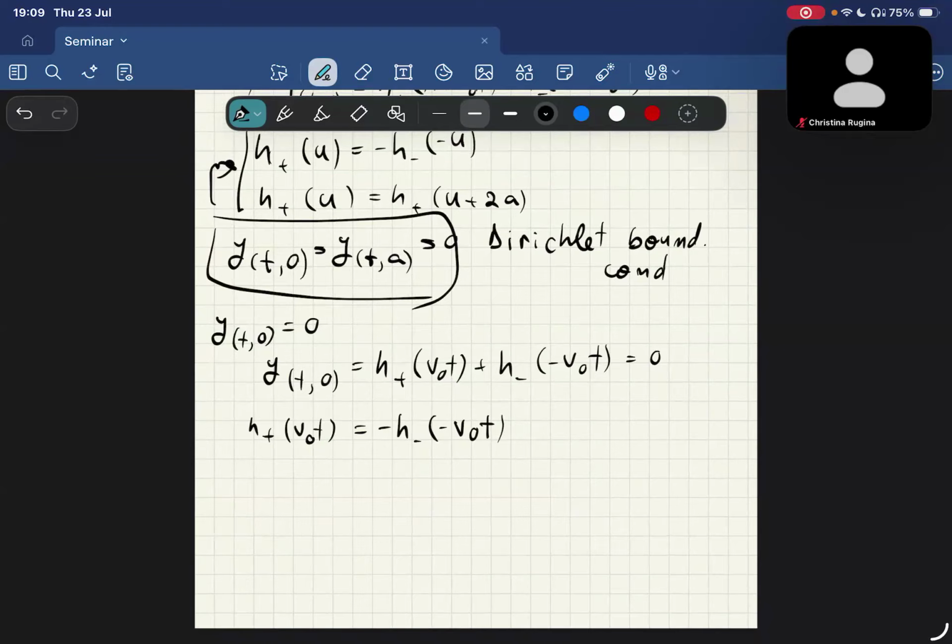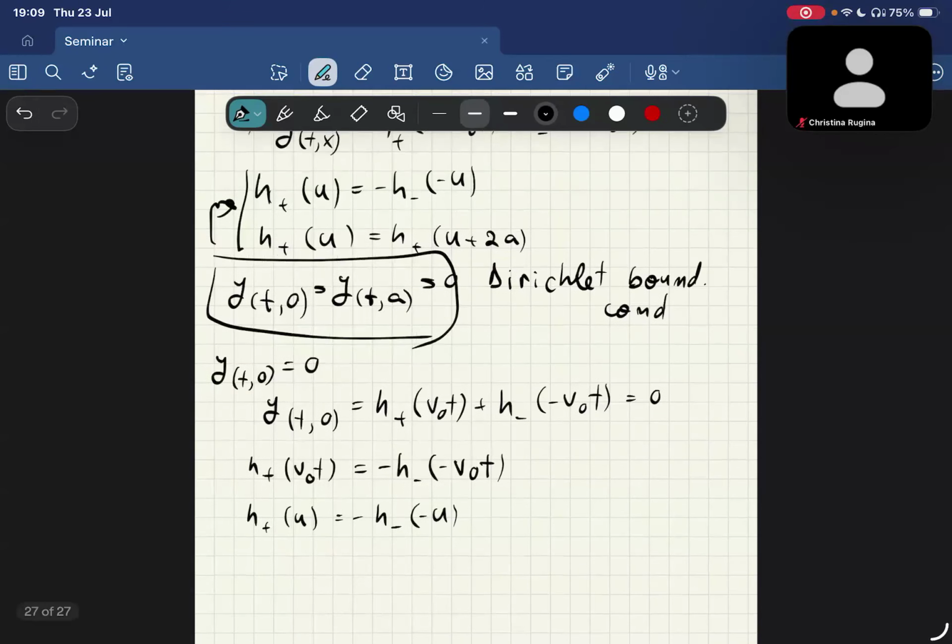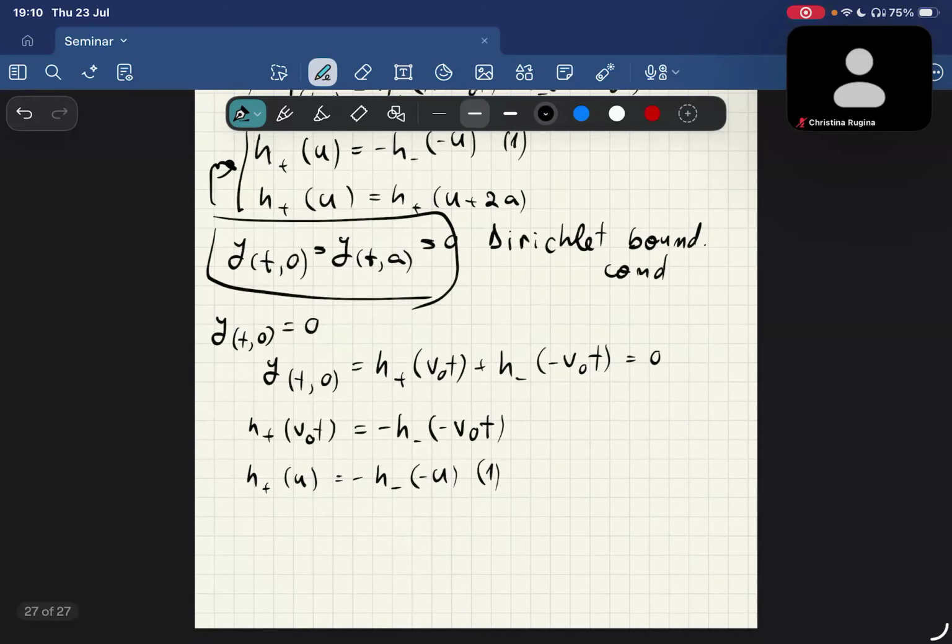It is just a change of variables for our own sake to be more simple. Okay, so we get h plus of u is equal to minus h minus of minus u. This is exactly the first relation we wanted to find here. So, okay, pretty simple so far. Let's check the second one.